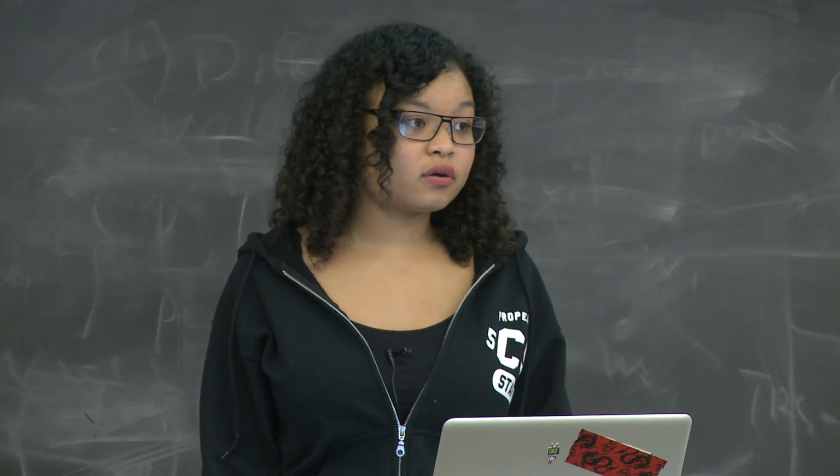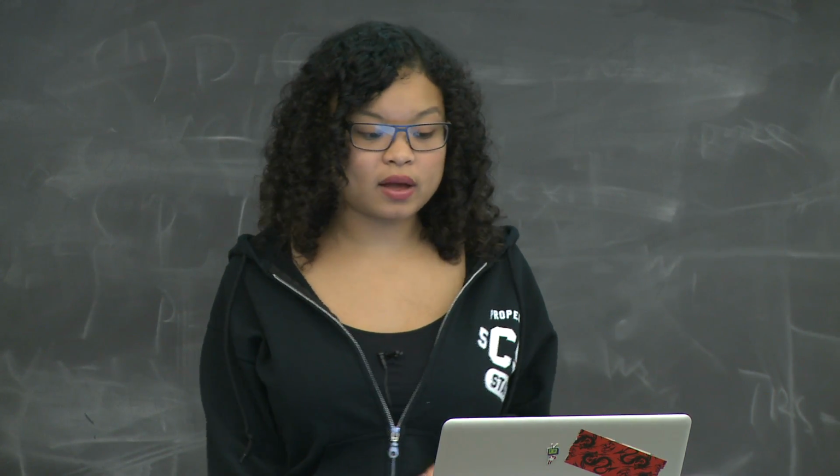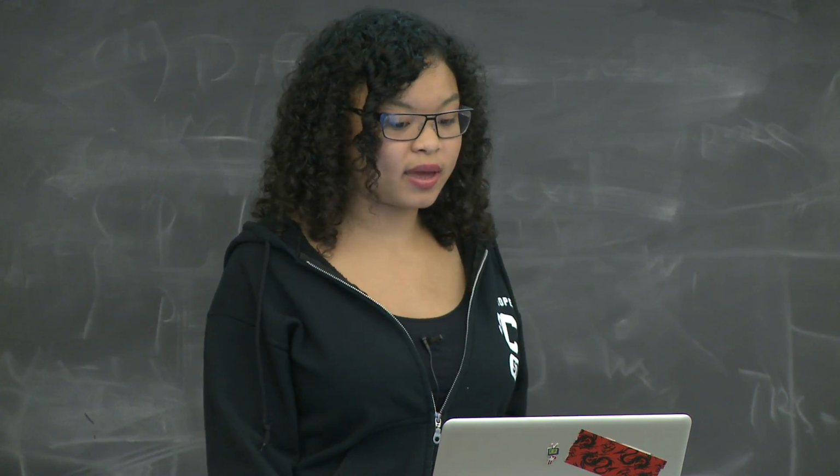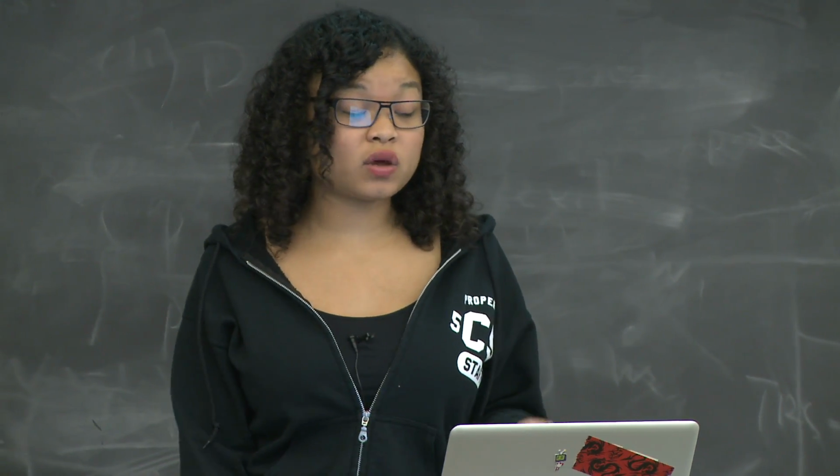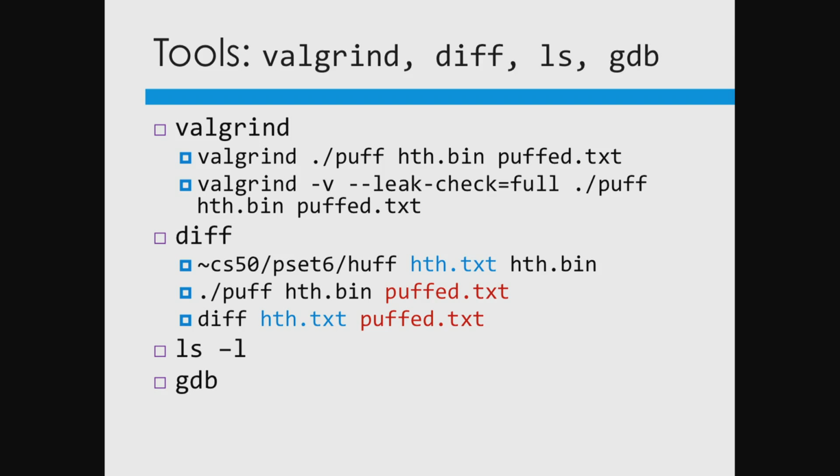Then another useful tip when you're debugging is the diff command. So basically you can access the staff's implementation of Huff, right? Run that on a text file and then output it to a binary file, a binary Huff file to be specific.